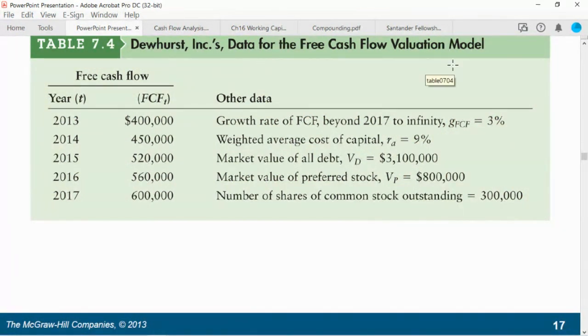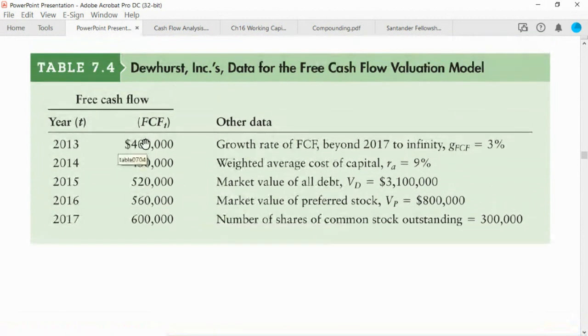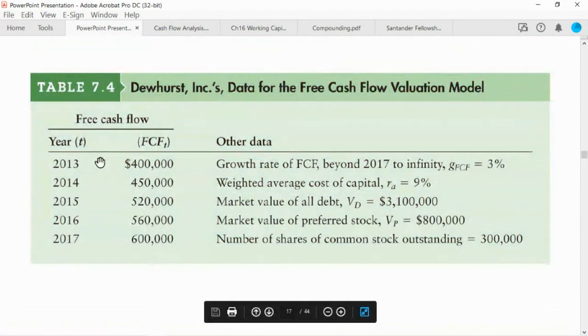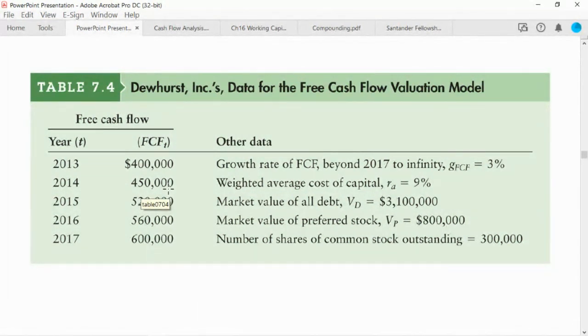Data for free cash flow valuation model. So we already have a forecast, right? For the next 5 years, 1, 2, 3, 4, 5, the free cash flow forecast is like this. And the growth beyond 2017 will be 3%.